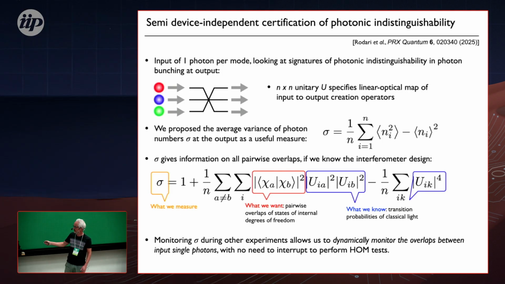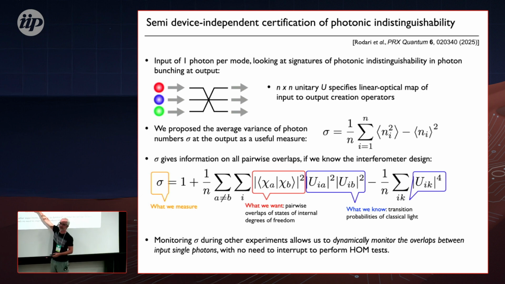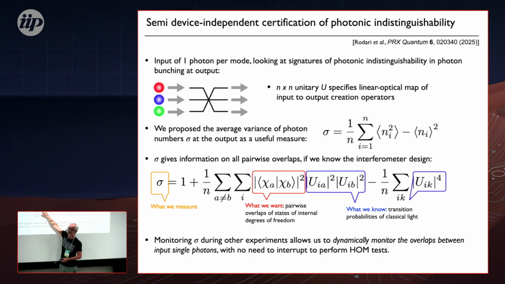So that's a very general thing, and knowing this means you can do whatever you're doing with your photonic computer, okay? Maybe you're doing a variational algorithm, you're changing the interferometer, tuning it to different values, and you can use the outcomes that you're getting, just by estimating the variance of the outcomes, to keep track of what the photon sources are, what the overlaps are, okay?